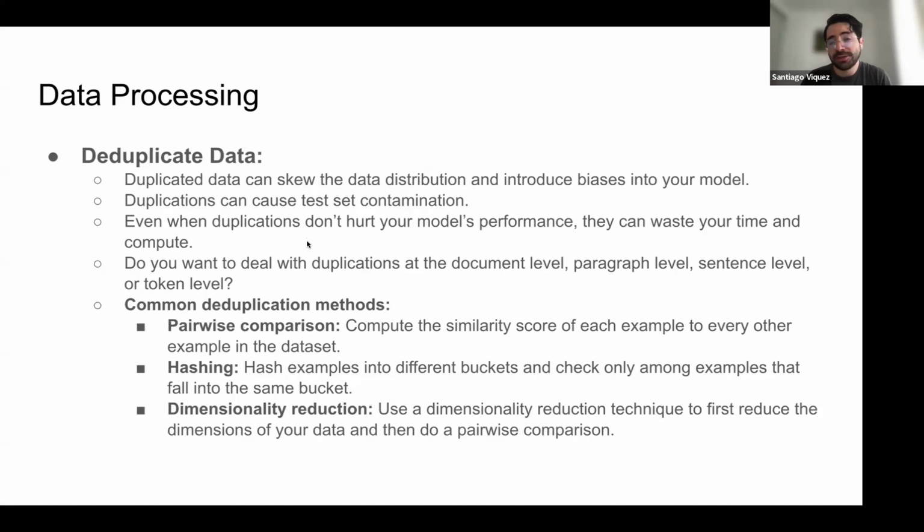And sometimes duplications don't hurt the model performance, but at the end they can waste time and compute, and by wasting compute, you're wasting money. So sometimes it's good to deduplicate records.